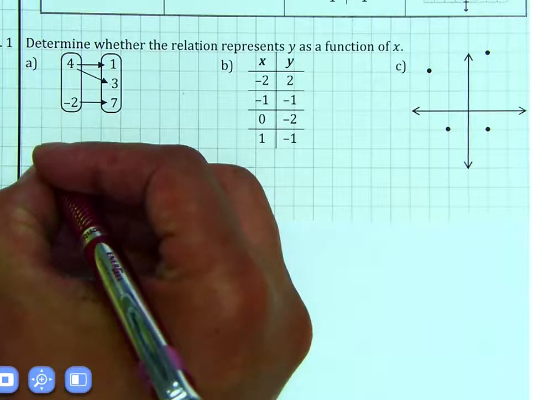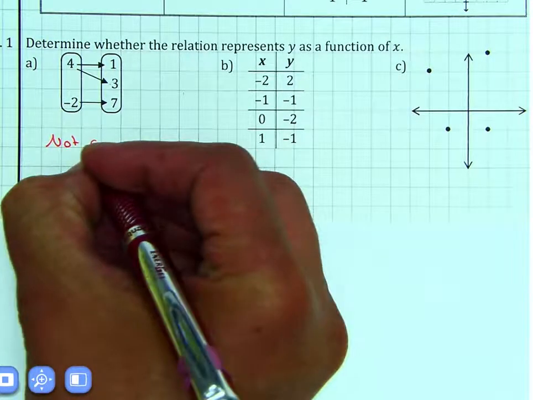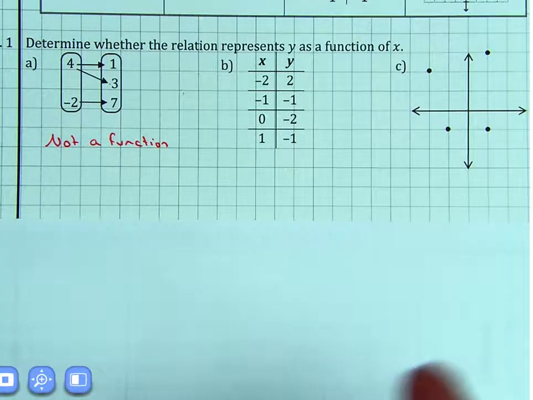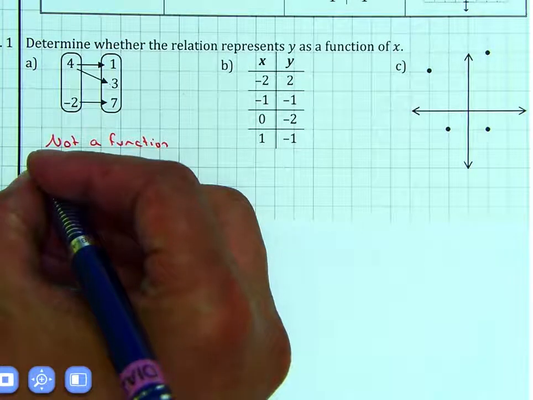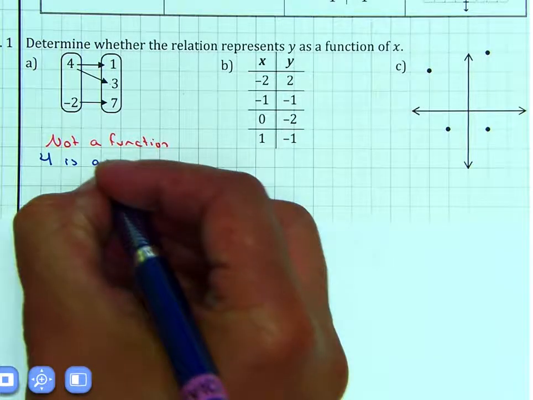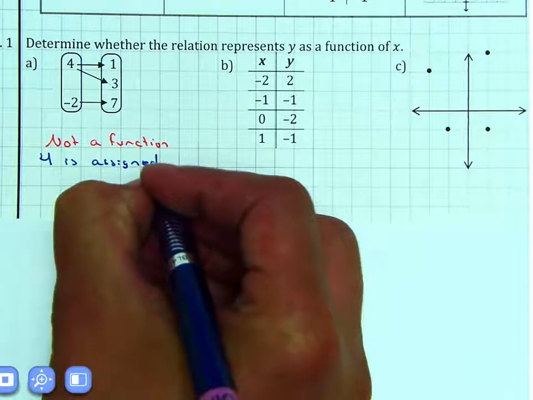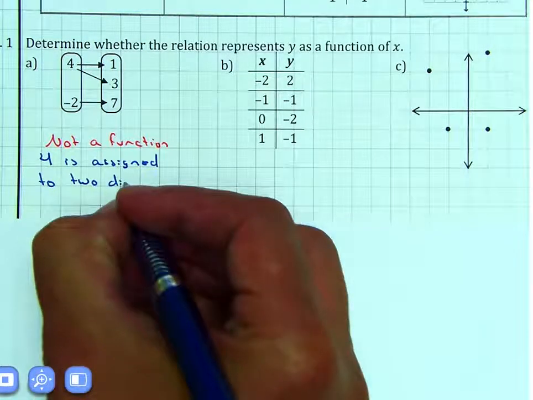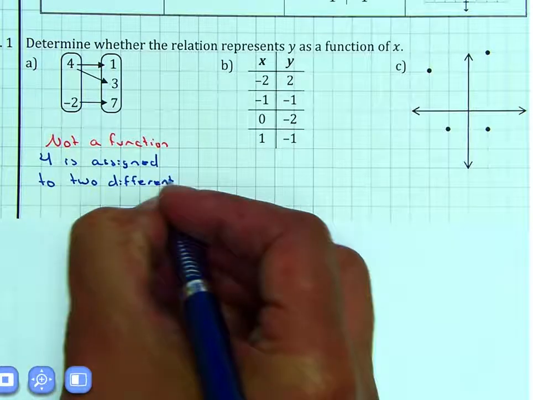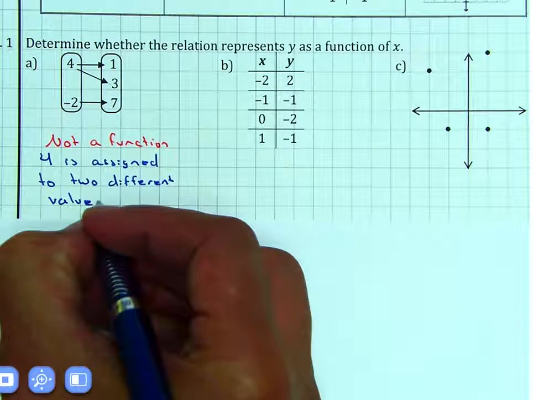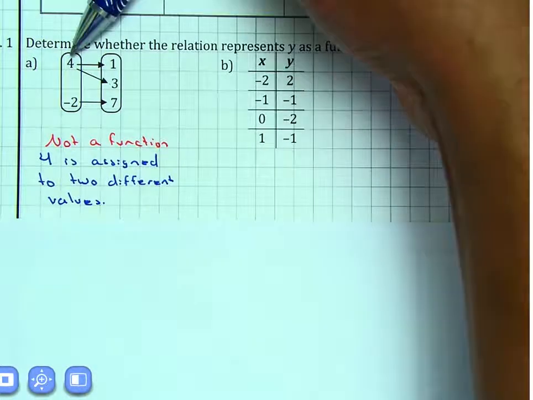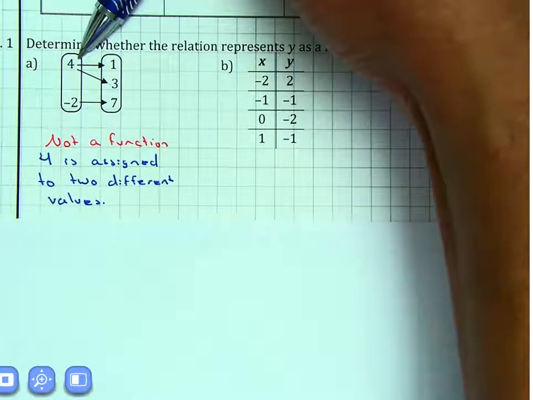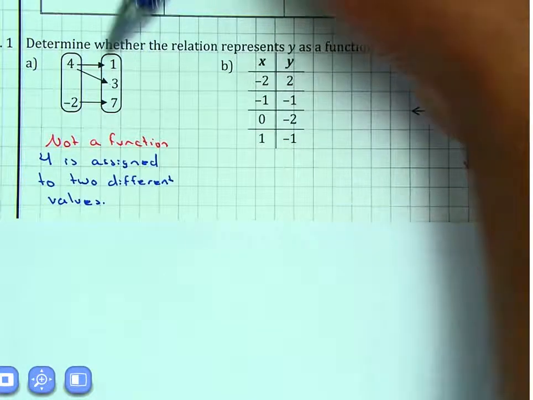So therefore, this is not a function. 4 is assigned to 2 different values. And you can think of this as set A and set B, or you can think of this as your x values and this as your y values.